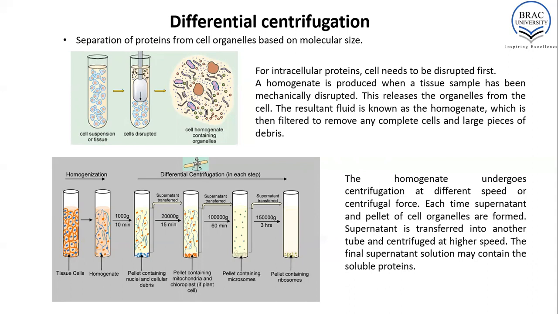At a lower centrifugation speed, the big particles pellet down. We can use that supernatant for the next centrifugation at a higher speed so that the smaller particles can be pelleted down. This is how purification of protein is done using differential centrifugation.